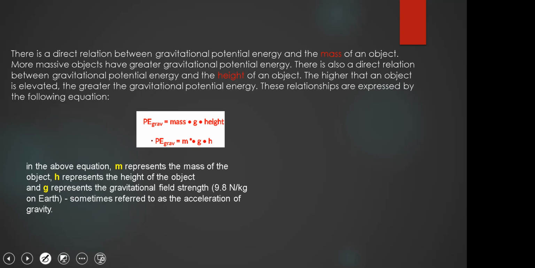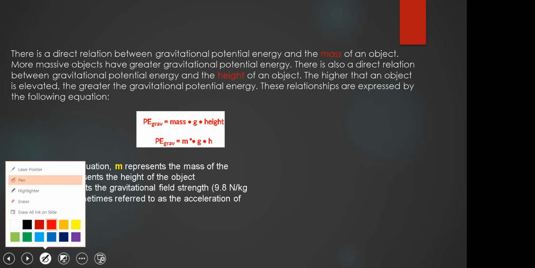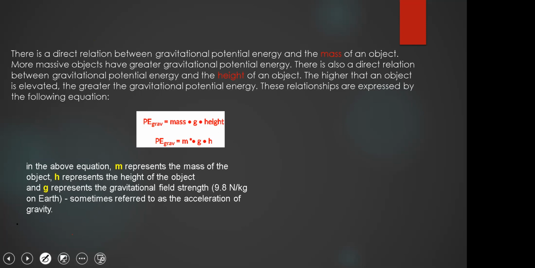And like we said before, the higher the object is, the more gravitational potential energy it has. The mass and the height. So the gravitational potential energy, or PE, PE means potential energy.